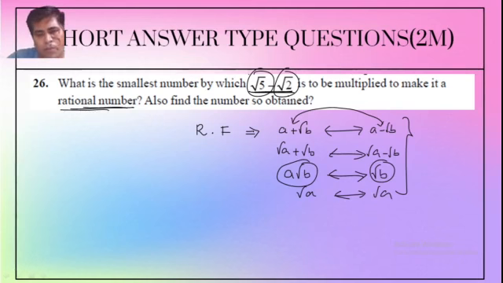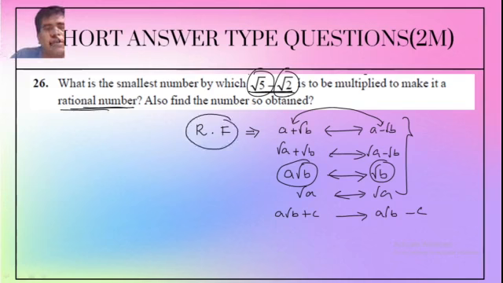So we have many forms. Suppose a root b plus c. What is the rationalizing factor? A root b minus c. If you multiply these two, you will again get a rational number. So what is a rationalizing factor?